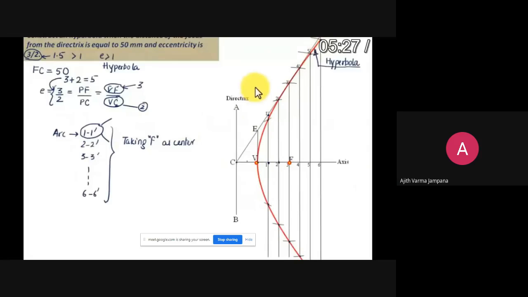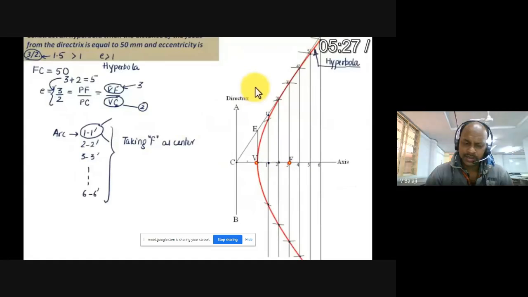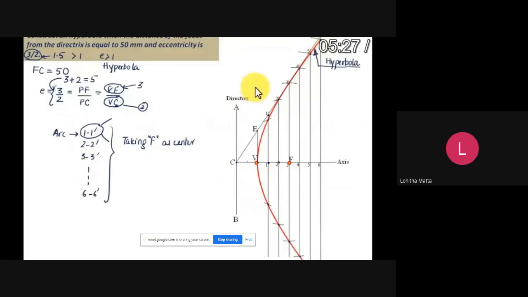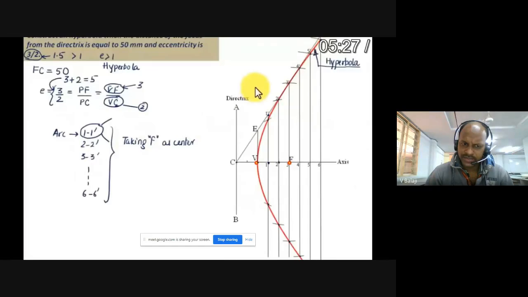Sir, please tell, should we write all the calculations on the paper? In the exam, generally, it is not required. Only marks are assigned for this particular drawing. You need not calculate and show me this left hand side part, whatever I am showing you here, it is for demonstration purpose only.